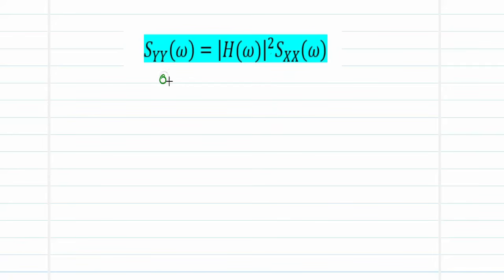So the output can be expressed as the product of the input and the system transfer function's modulus the whole square. So the process into the input is going to give you the output. This is going to be one formula we are going to memorize and then apply it to our problems, which is going to be of part C problems.